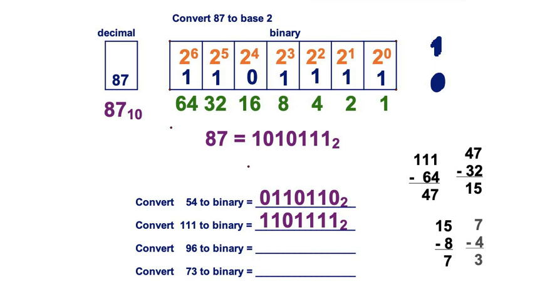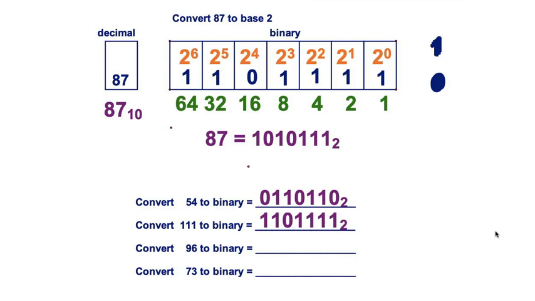Okay, we're almost done here. We're just going to finish up the last two really quick. Oh heck, the last two we could do really easy. And I'll just leave these on the place value marker here. Get rid of these. 96, 64, and 32. That's 96. You're done.